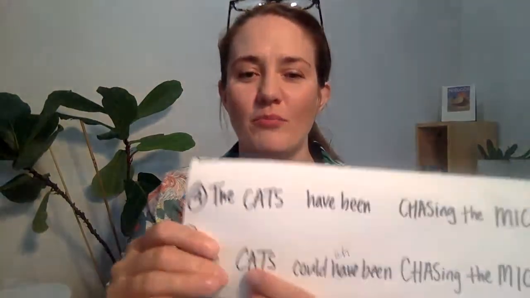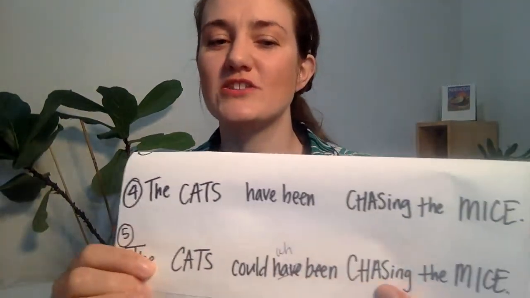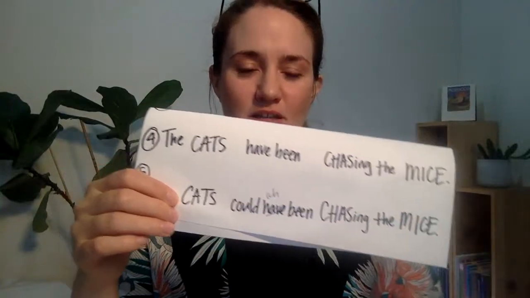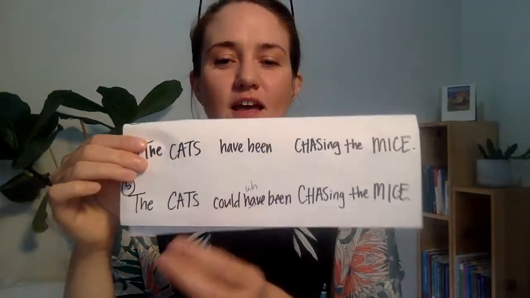Could have won the lottery. But the cats could have been chasing the mice. Now, you don't have to say could have been, but you have to hear could have been. And you have to say, oh, Ryan taught me that could have been is could have been. The cats could have been chasing the mice.